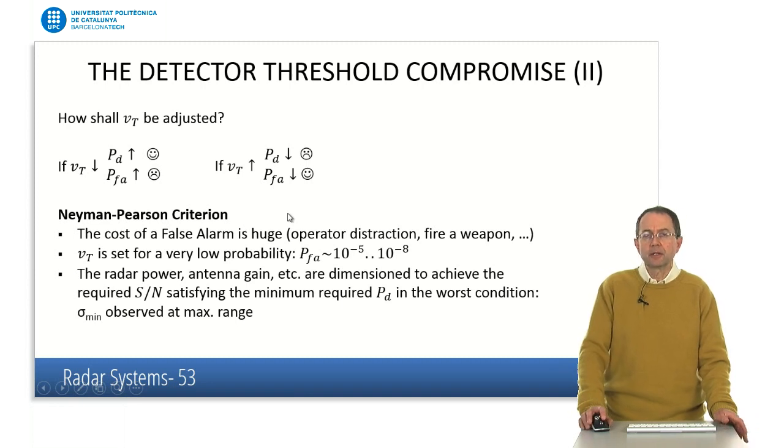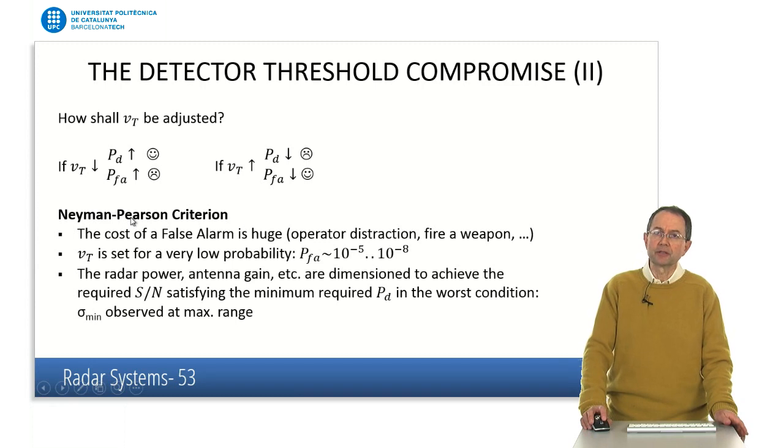Well, there are several ways to do that, but in radar, what is normally used is the so-called Neyman-Pearson criterion. This is related to the cost of detection errors. The cost of a false alarm for a radar is huge. It can result in a distraction of the operator. It can result in a very wrong action, like, for example, sending an aircraft or firing a weapon to a wrong position.